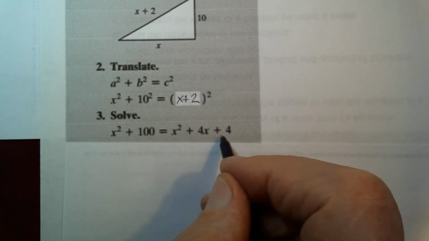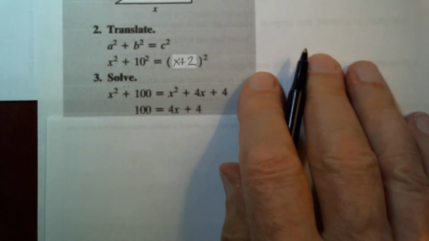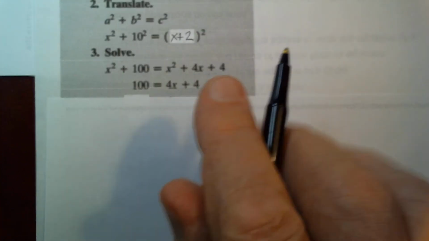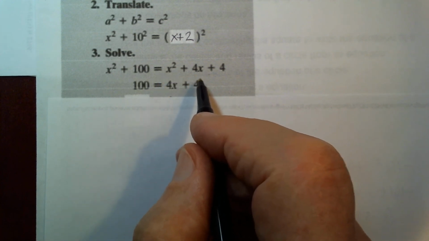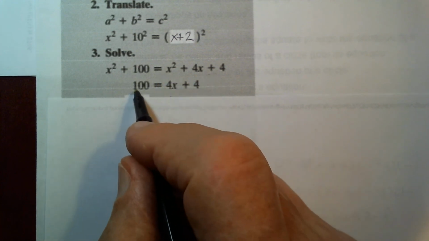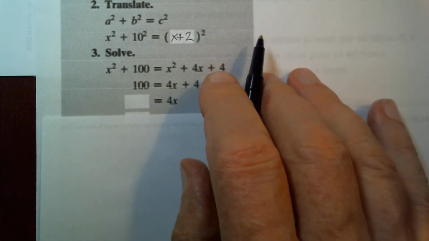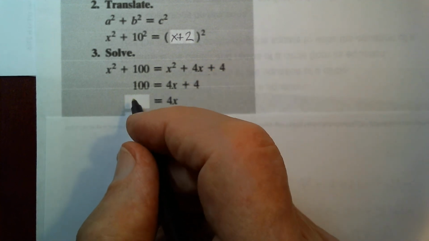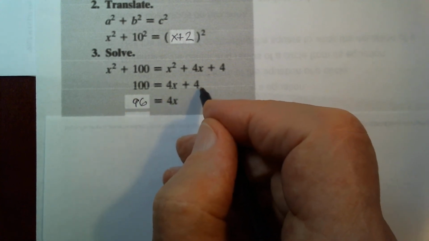Now we combine like terms on both sides of the equation, and we find that the x squares cancel, and then we have 4x plus 4 and the 100. We combine this further, and then 4x equals 96 by subtracting 4 on both sides.